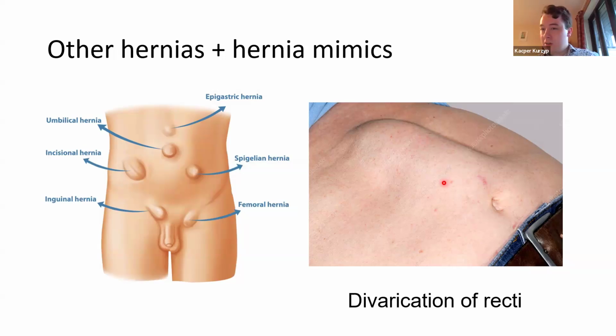And compared to the hernias, this has pretty much no risk of strangulation and is primarily a cosmetic defect. So this is the type of thing you are the least worried about.